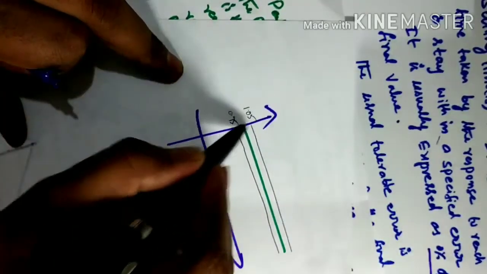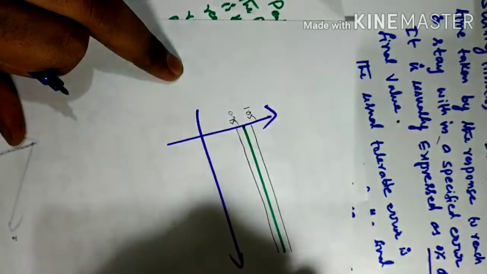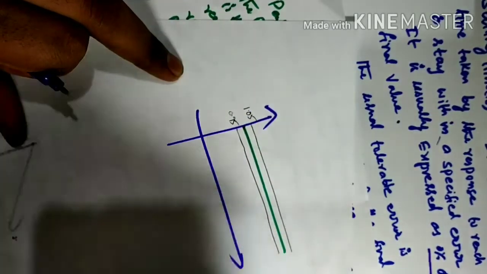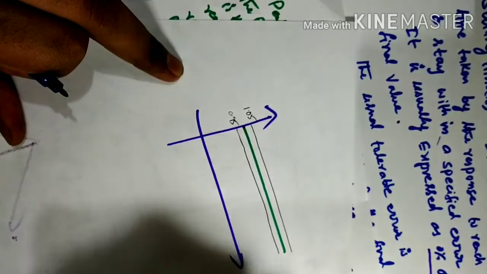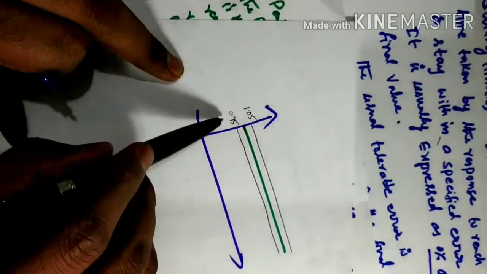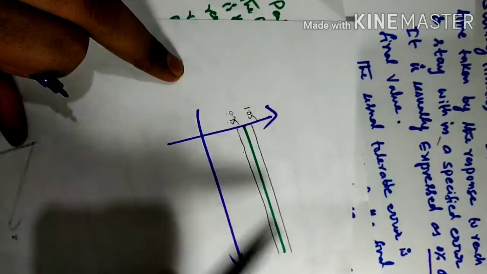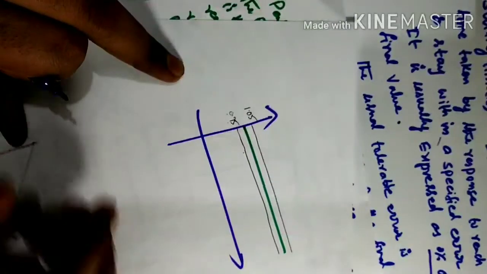This is because 5% is the tolerance, plus or minus 5% tolerance. Minus 5% means it will come to 0.95, and plus 5% means 1.05.